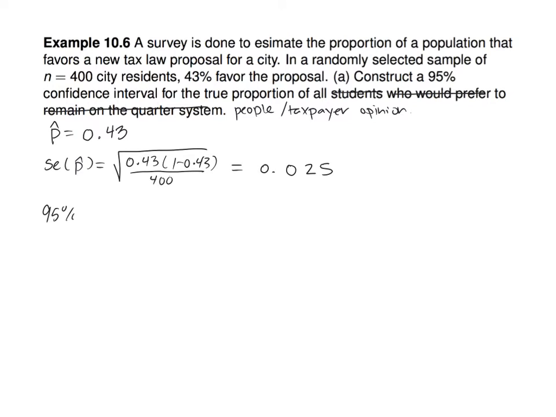And what's your multiplier you use for this? 2. So 0.43 plus or minus 2 times 0.025. So 0.43 plus or minus 0.05.